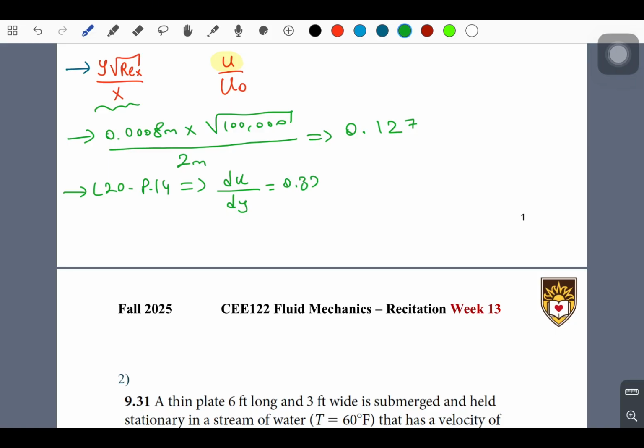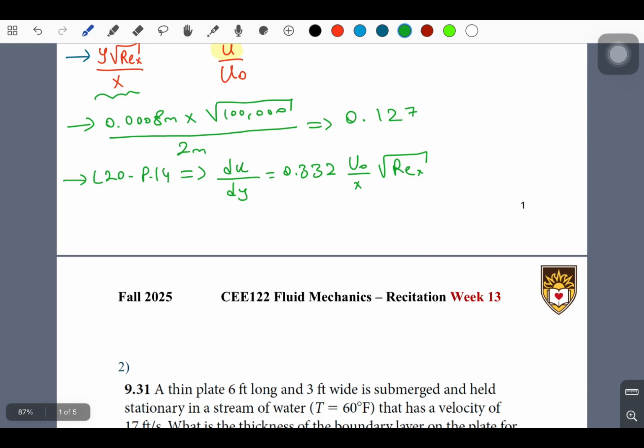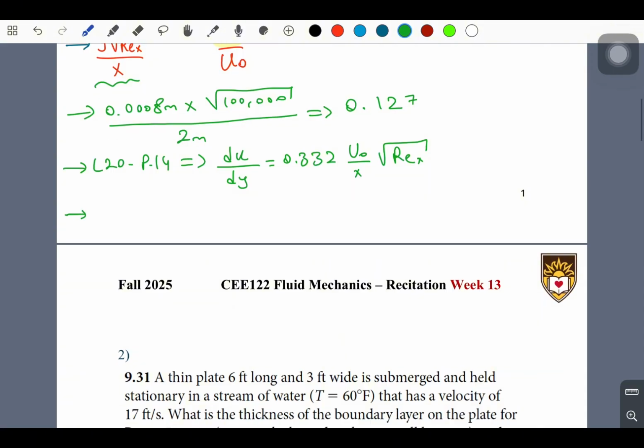Here the only unknown is u, which is the velocity of that fluid. u is the change of velocity relative to the thickness.